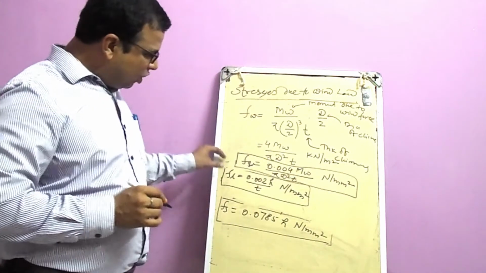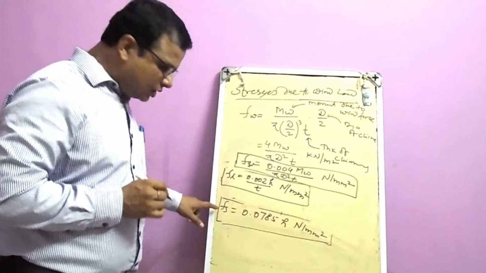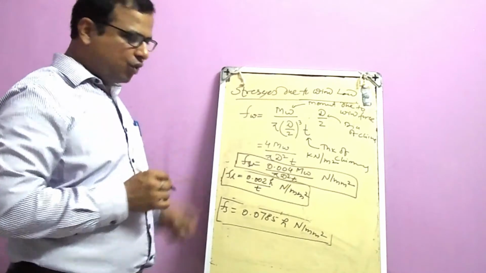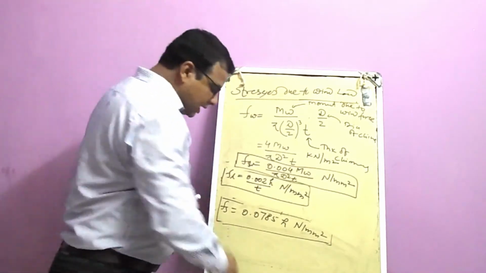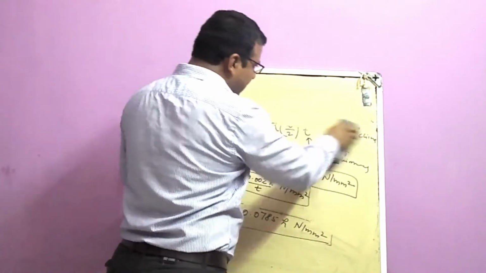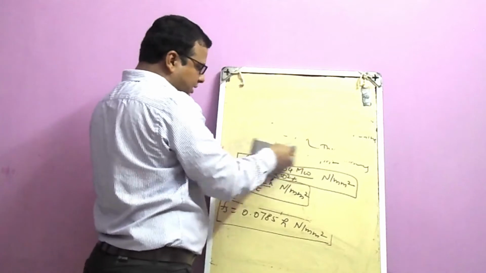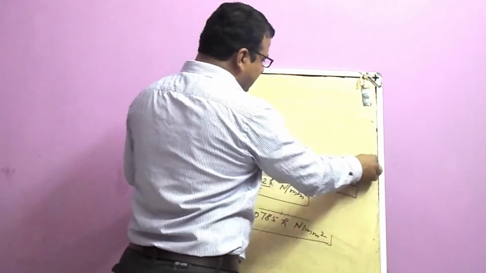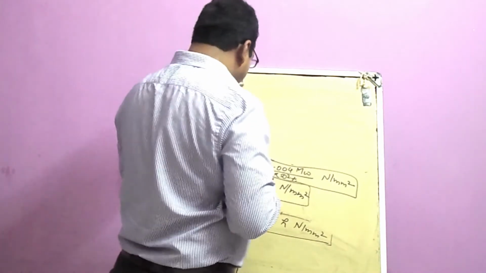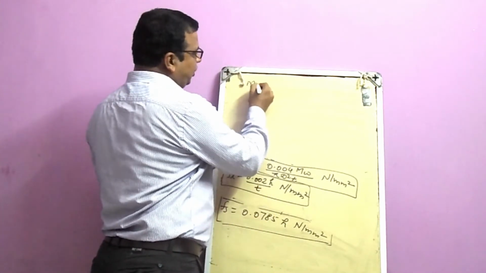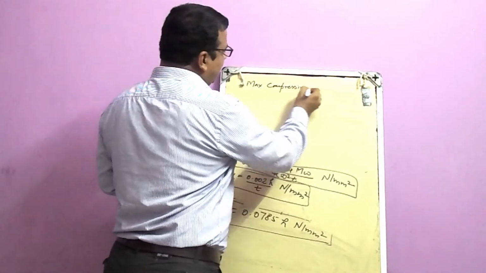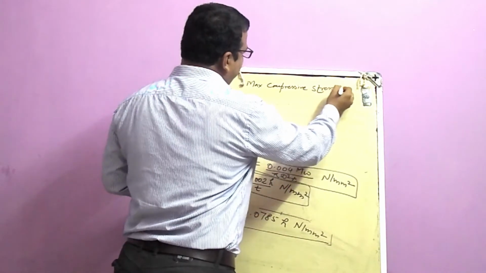So we have got the stresses due to the self weight, stresses due to the weight of lining, and stresses due to the wind force. Now we see how we can combine them to get the worst case or critical load combination. Generally there are two formulas we use. First of all we will calculate the maximum compressive stresses.